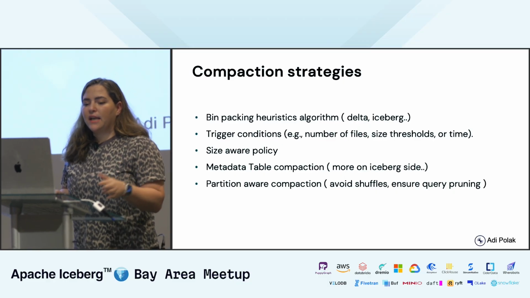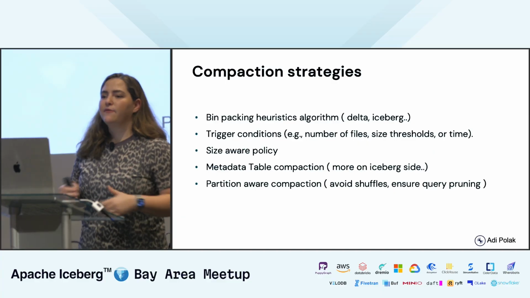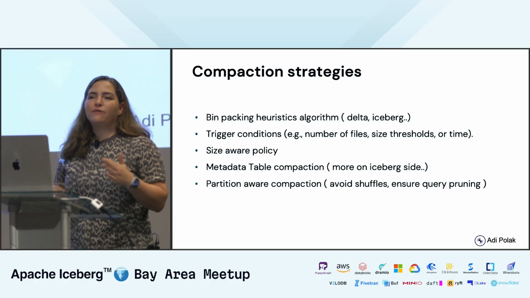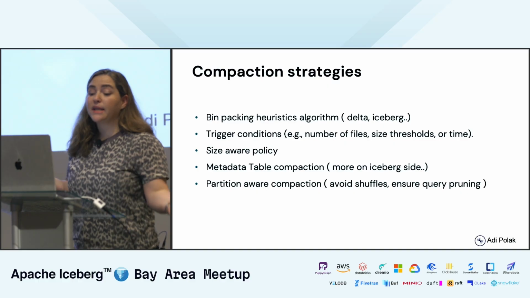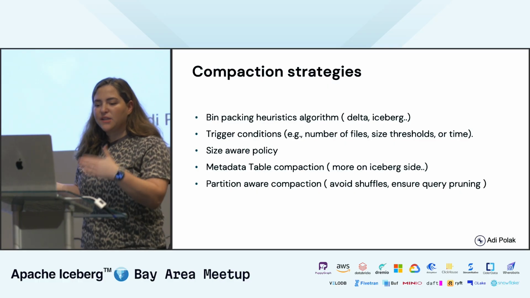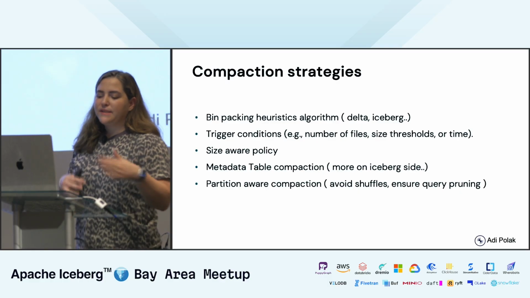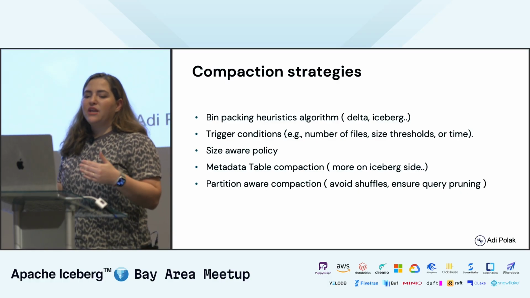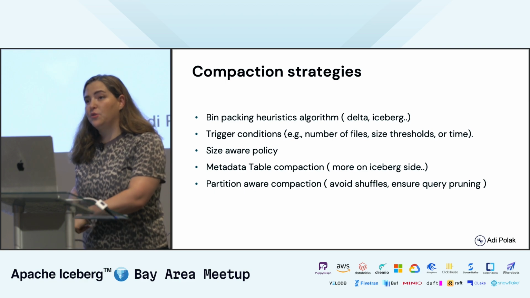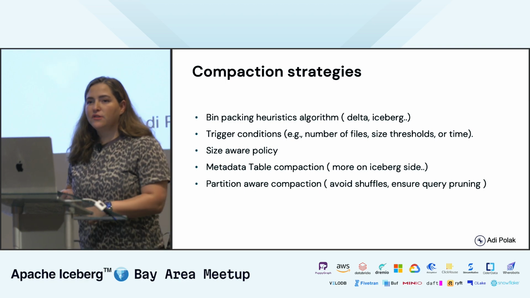Trigger conditions help us by number or size, and give us a more generic approach. A size-aware policy lets me know if you reach that specific size of the bucket so I can start compacting right now. Metadata is more on the Iceberg side of how things work, or partition-aware compaction. We want to avoid shuffling, which is really heavy compute on the analytics side, and ensure some query pruning.